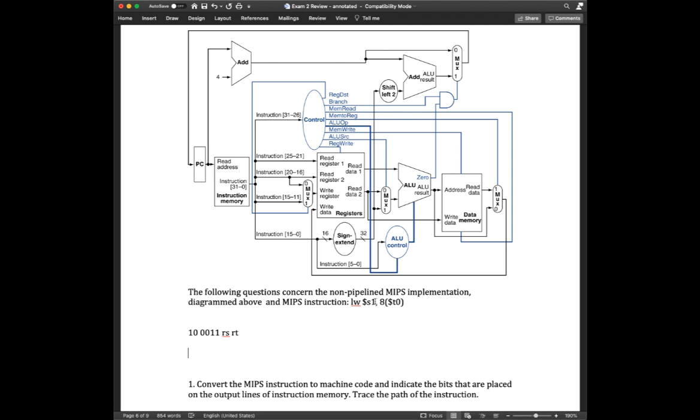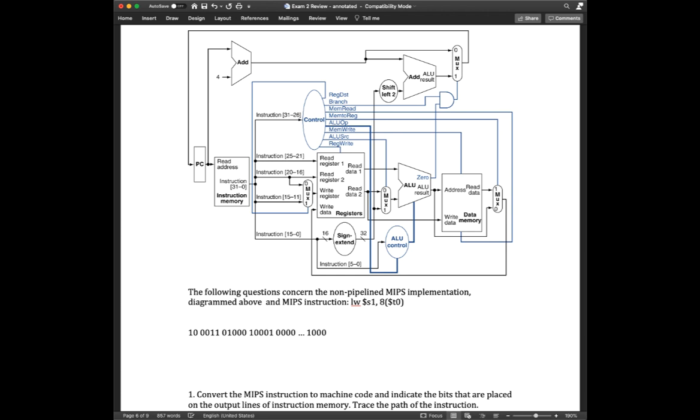So again, we have the same destination register here, RT, that's still 17, 1, 0, 0, 0, 1. We have T0, which is 8, that's our source register. 8 is 0, 1, 0, 0, 0. And then the rest of this is going to be filled up, 16 bits here, with just this number right here, 8.